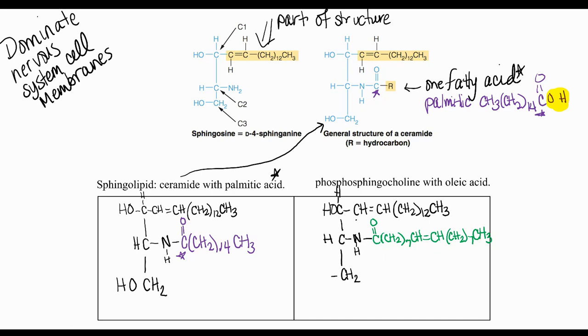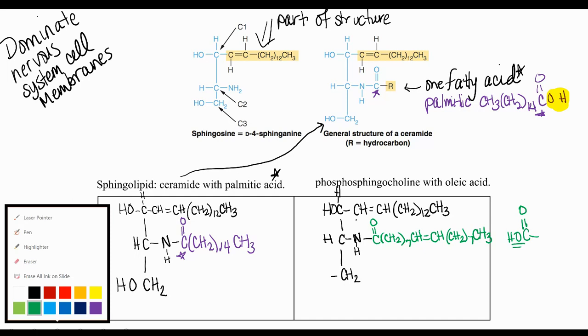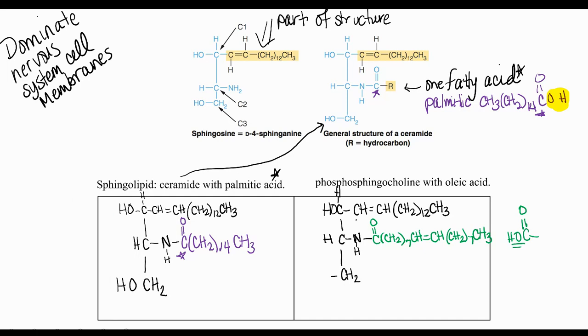Okay, so the fatty acid is, again, you're going to get rid of that OH group that it has on the end to attach, and you form an amide linkage here. Okay, and then the last one is, now this says it's a phosphosphingolipid. So what we're going to need is a phosphate group.